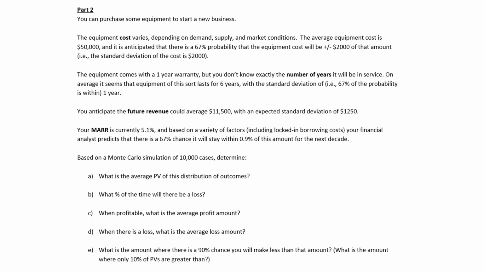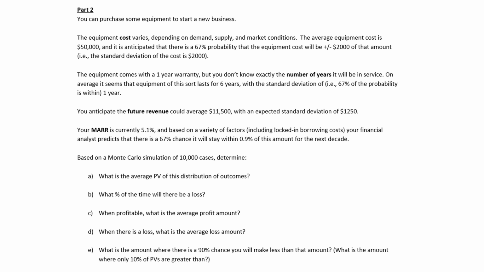Okay, so what we're going to do together is open up Excel, and we're going to have a variety of cost possibilities. What we know about the equipment is that it's likely to cost, on average, $50,000, but the one standard deviation in cost is plus or minus $2,000 of that amount.